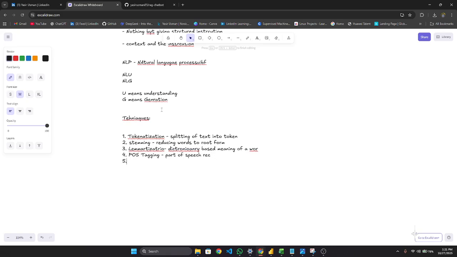If I say apple is a fruit and apple is a company, we need to remember within the context window where the word is coming from and what it means in different contexts. And NER, named entity recognition, to identify different names and dates of things.